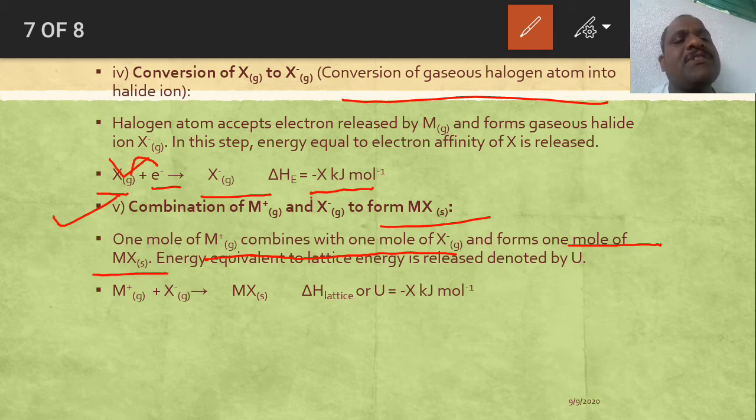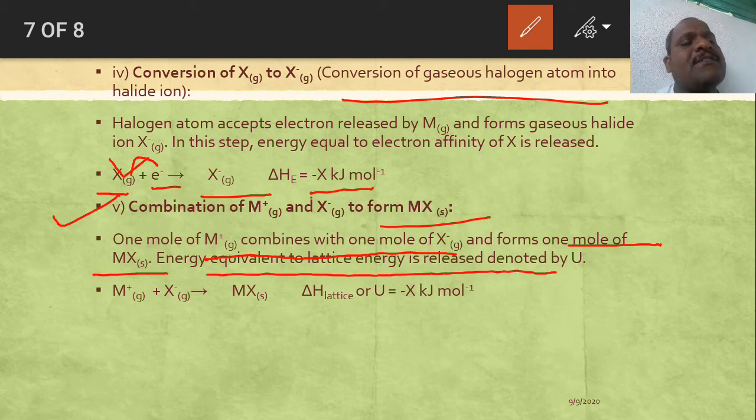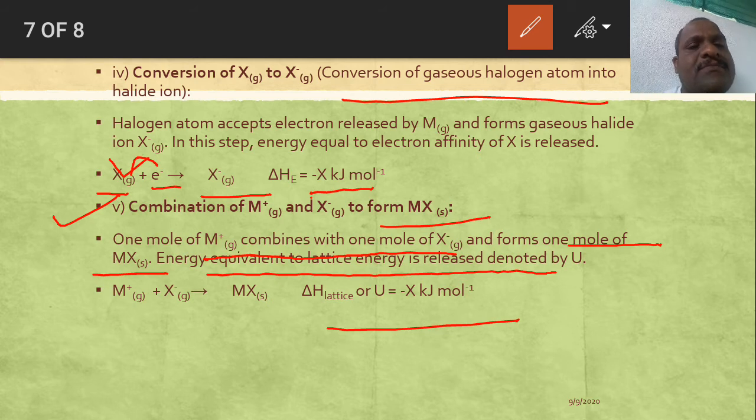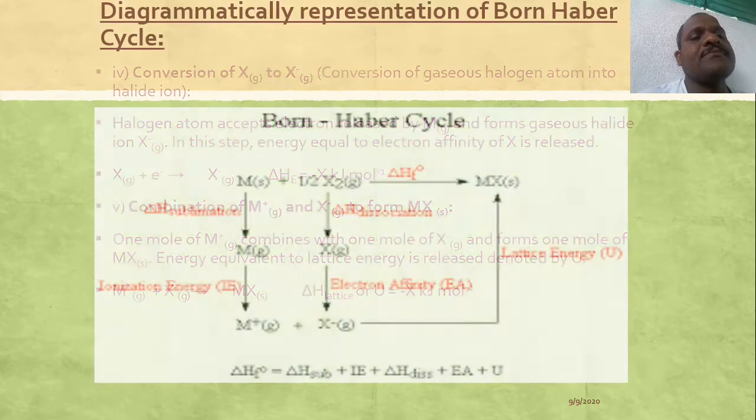The energy here is equivalent to the lattice energy, denoted as U. For combination of gaseous metal ion and gaseous halide ion resulting in a solid metal halide, the energy released is called the lattice energy.